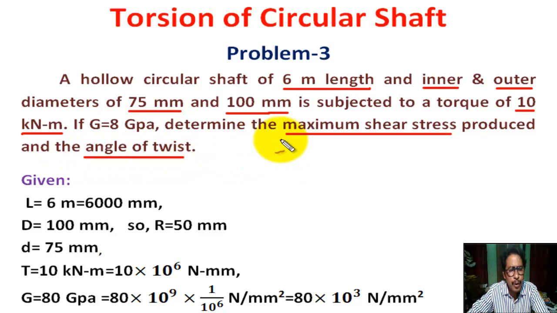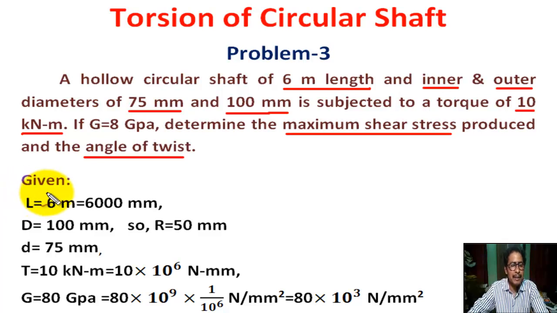We find out maximum shear stress induced or produced in the shaft material and also find out angle of twist.